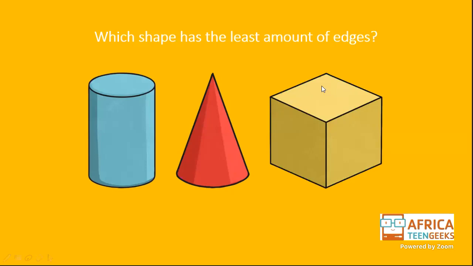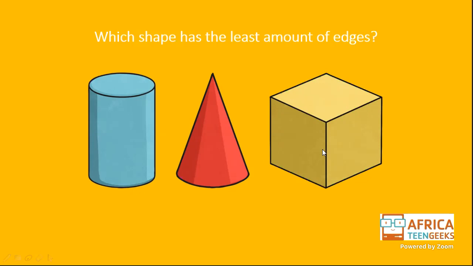Which shape has the least amount of edges? So quickly type that one out. All of you guys said cone. Amanda, Ethan. I don't know how to pronounce all your names.